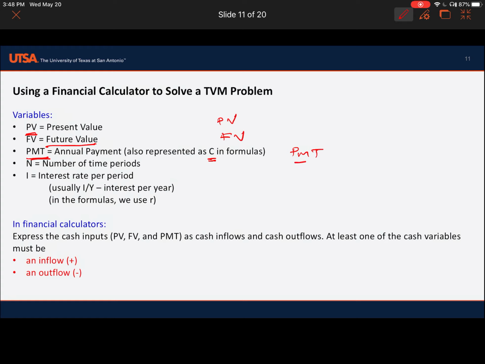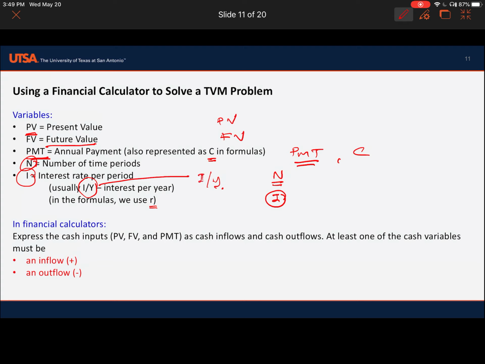So payment or C. N is the number of time periods. I is the interest rate. Usually I over Y is interest per year, and in the formula we use R, but you will find I over Y in your financial calculator.